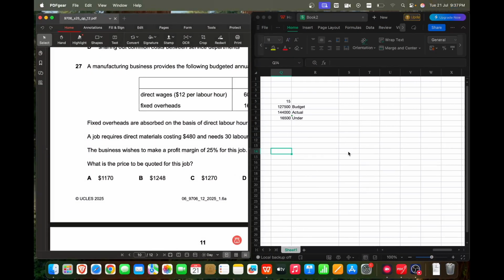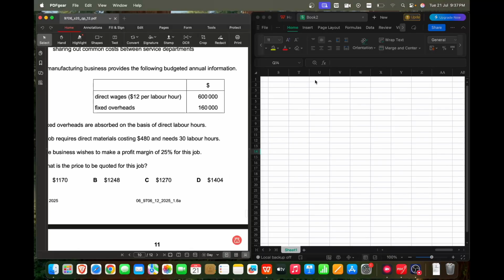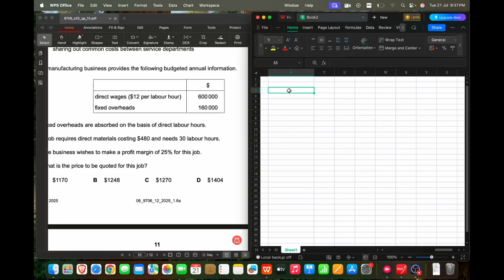So, in this question, they have given us how much I'm charging for the labor. So direct labor, we are charging $12 per hour. Total direct labor is 600,000.